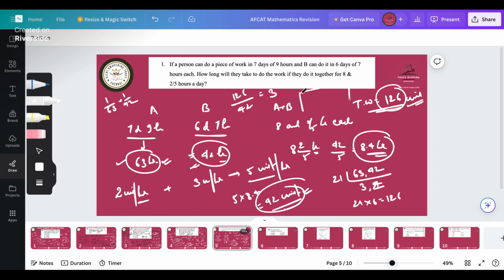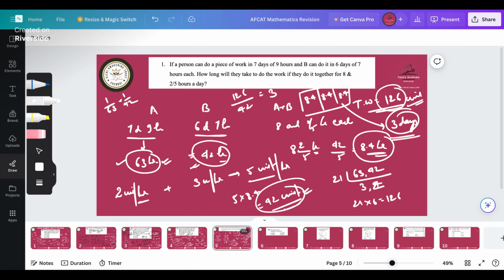Both of them will have to work for 8.4 hours one day, 8.4 hours another day, and again 8.4 hours another day. That means they will finish the work in 3 days. Ladies and gentlemen, please rewind the question to understand what we have done. It's very easy.